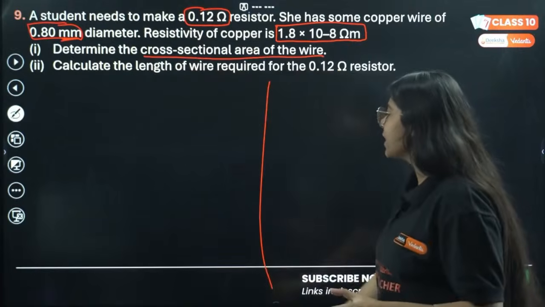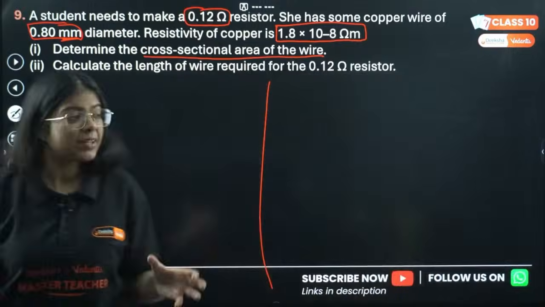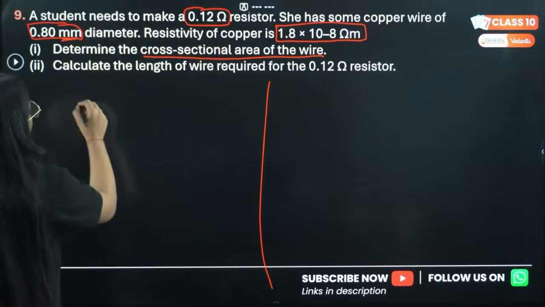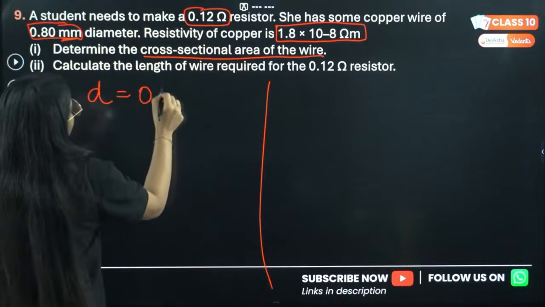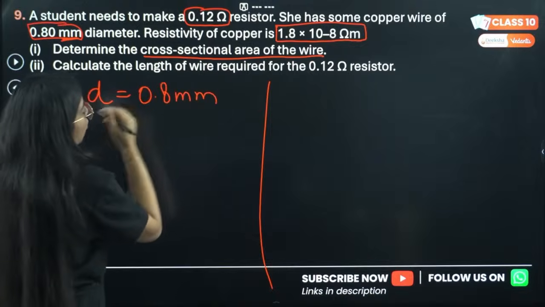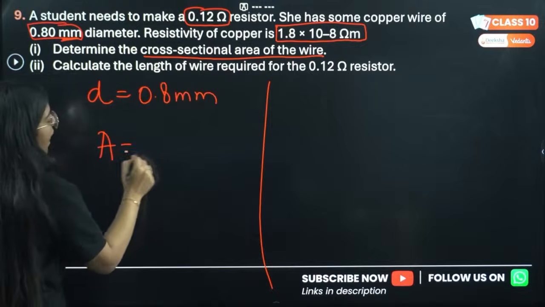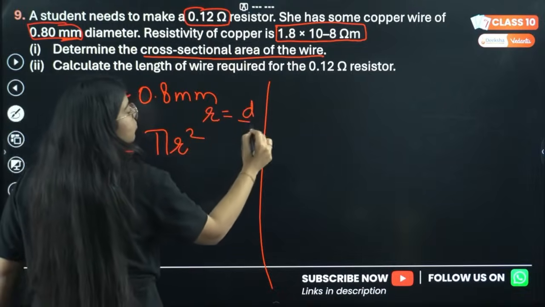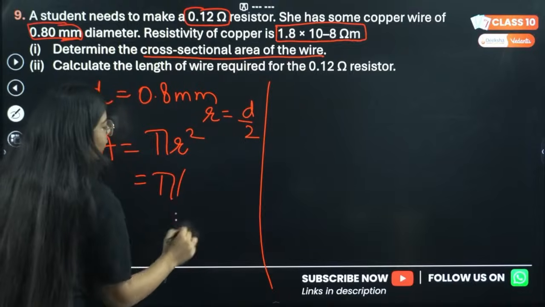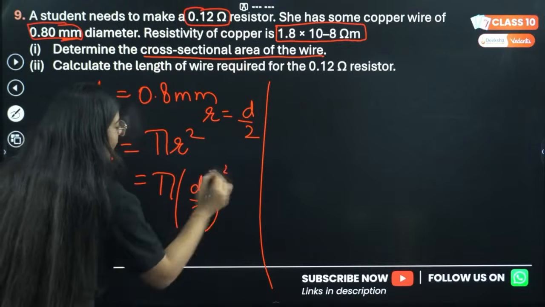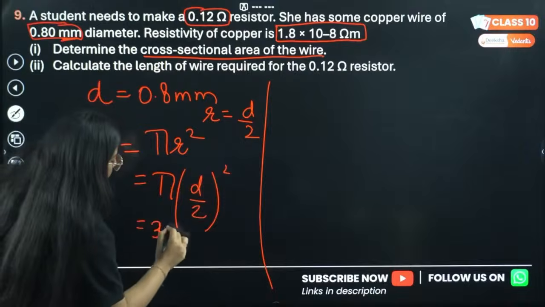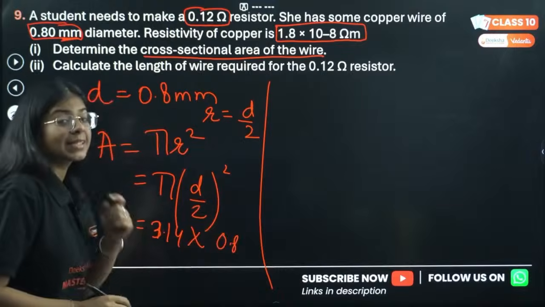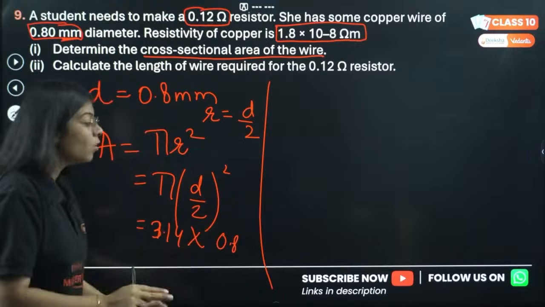The first part is very easy. Since we are given the diameter, she has a copper wire of diameter 0.8 mm. To find the cross section area, it's just pi r square, and r will be d by 2. So pi into d by 2 whole square. This will be 3.14 into 0.8, but it's in mm, so we need to convert it into meter.